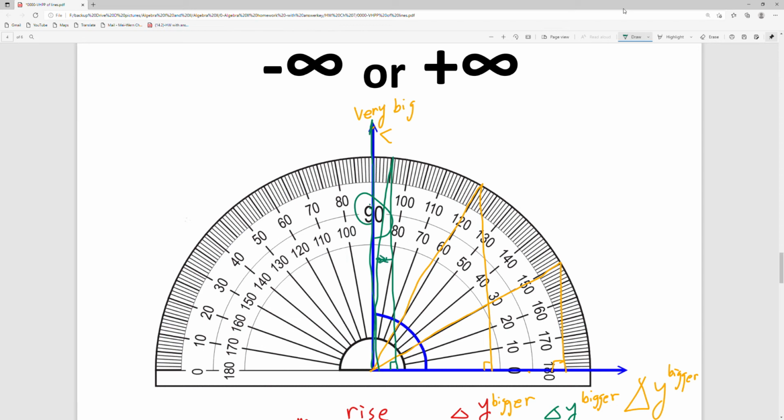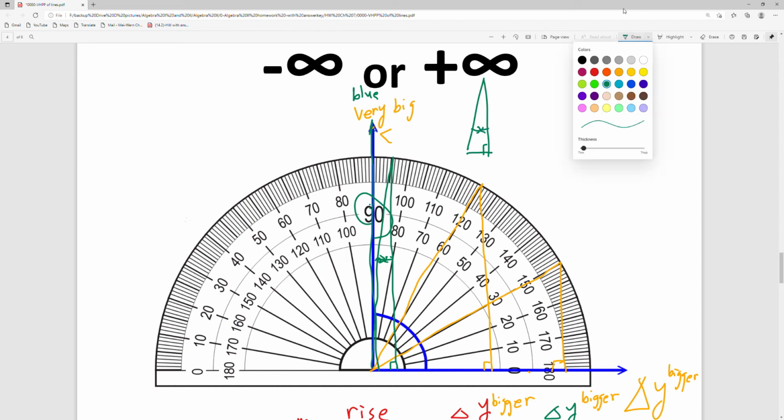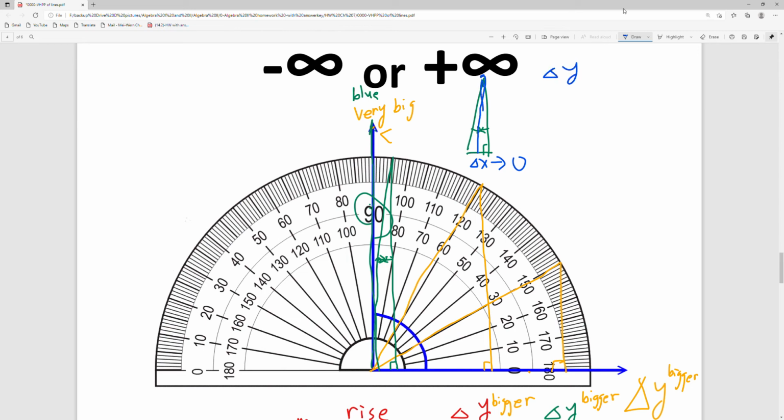If you want green to become blue, these two lines, the triangle no longer form a triangle. It smash together, become one line, and the delta x become 0. Okay, so it's something to do with delta y over delta x. The slope is delta y over 0. Okay.